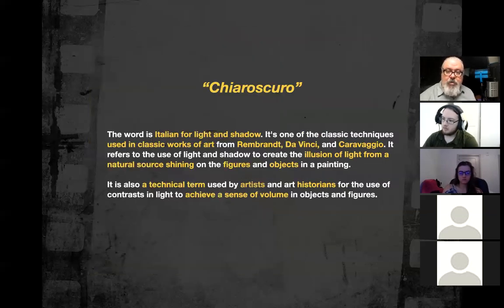Chiaroscuro then is an Italian term that describes the interplay of highlight and shadow and how we control it. Okay. And artists like Rembrandt, Leonardo da Vinci, and Caravaggio were all artists that were heavily into the use of shadow and highlight to create drama in their images and tell stories in their tableaus, not just a documentative rendering, but a rendering that also has a story that it's trying to tell the audience.